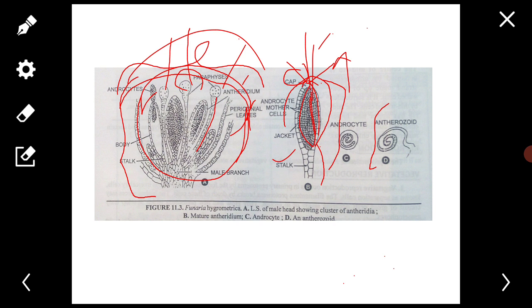Gradually, the entire content comes out and the antheridium becomes empty. The mass of anthrozoids oozes out through the narrow pore, due to which the antheridium becomes empty.